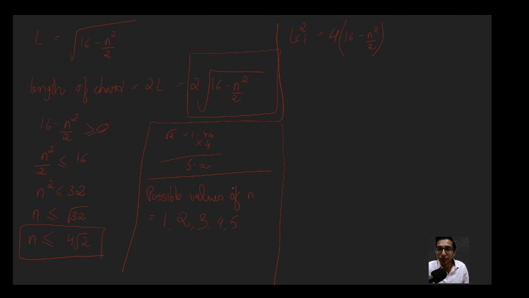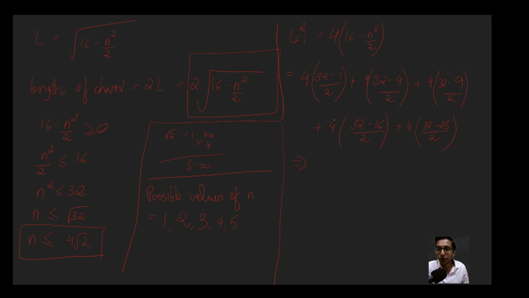So now let us one by one put the values of n from 1 to 5 in this equation and find out our answer. So this would turn out to be 4 times of 32 minus 1 by 2 plus 4 times of 32 minus 4 by 2 plus 4 times of 32 minus 9 by 2 plus 4 times of 32 minus 16 by 2 plus 4 times of 32 minus 25 by 2.